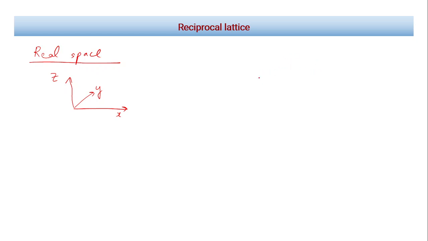Okay, so in this real space, any lattice that we have, we call it real lattice or direct lattice. Okay, these are the different names.